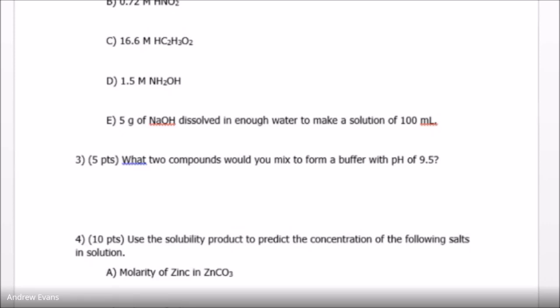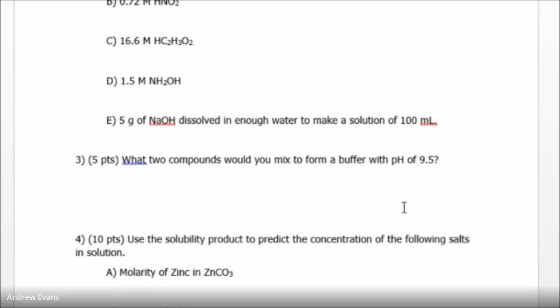So you want pKa plus 1, minus 1. So you want a pKa somewhere between 8.5 and 10.5. If you did not find a buffer that was within that region, this answer would have been wrong.